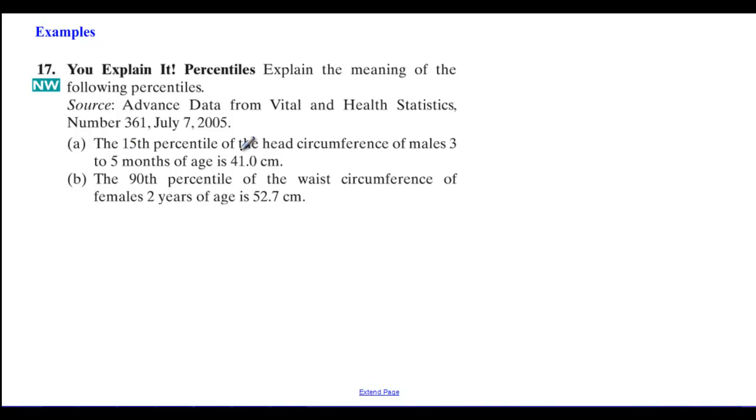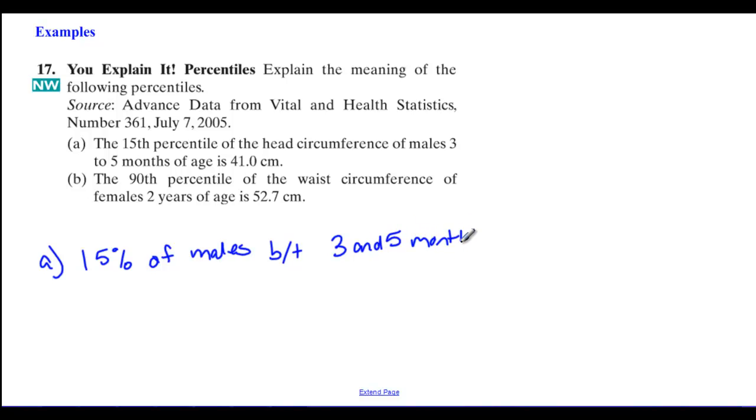So the 15th percentile, so this is saying for A that 15% of males between 3 and 5 months old have a head circumference of 41.0 centimeters or less.